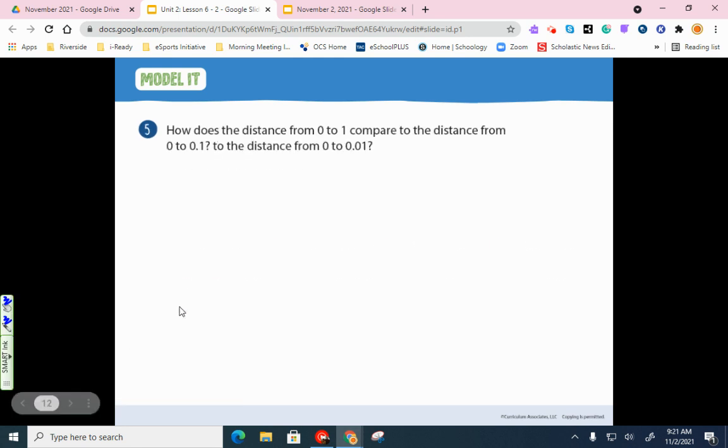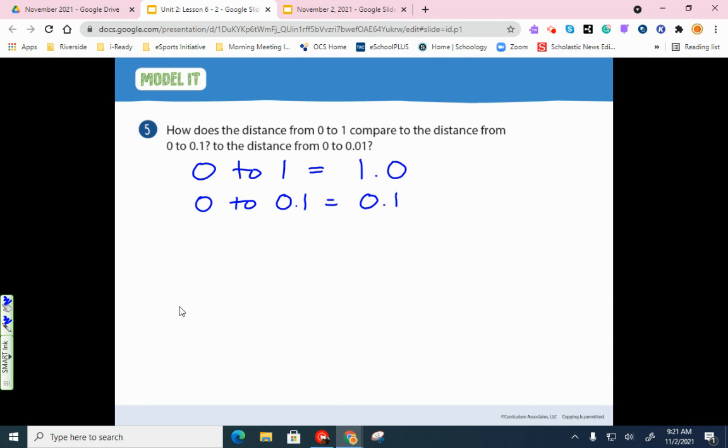All right, so number 5, how does the distance from 0 to 1 compare to the distance from 0 to 1/10 and the distance from 0 to 1/100? 0 to 1 is a value of 1, 1.0. 0 to 1/10, that is just 1/10.